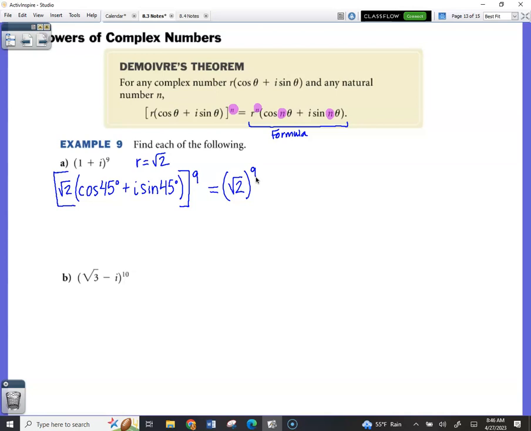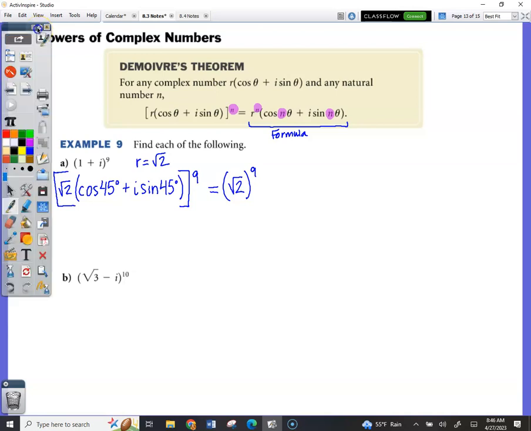If you want to, you can. If it's too much, and you wrote it like this, it means the same thing. So you don't want all those extra parentheses. All right, and then parentheses, cosine, the power times theta, plus i sine power times theta.